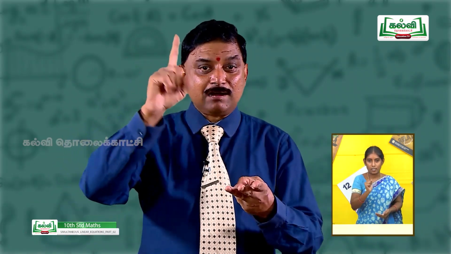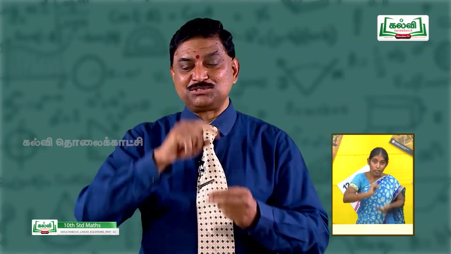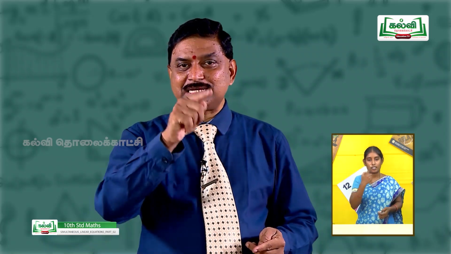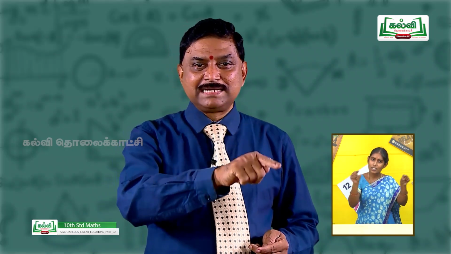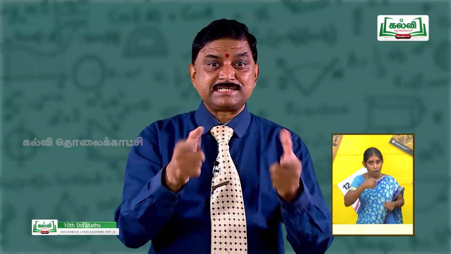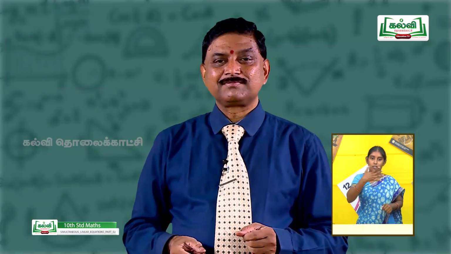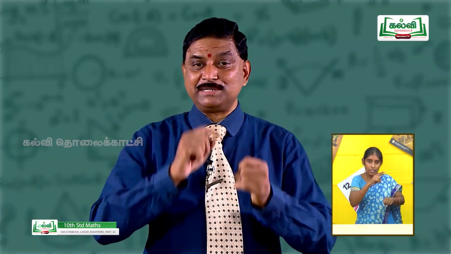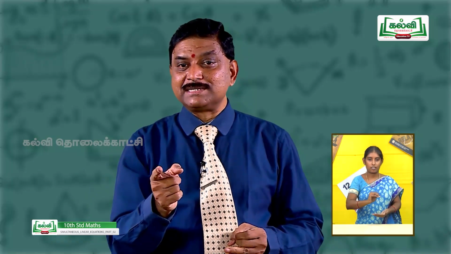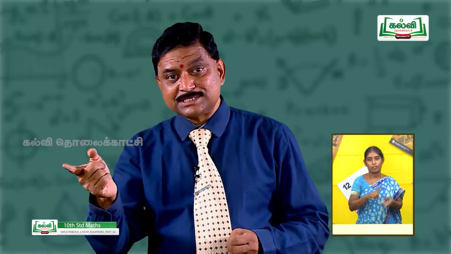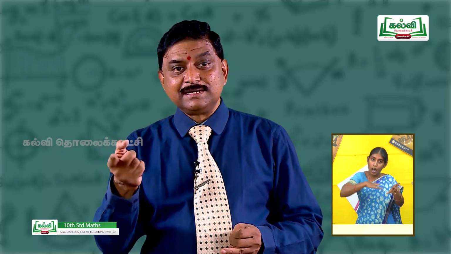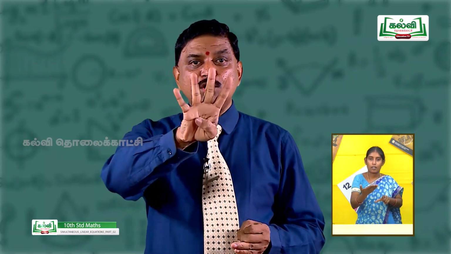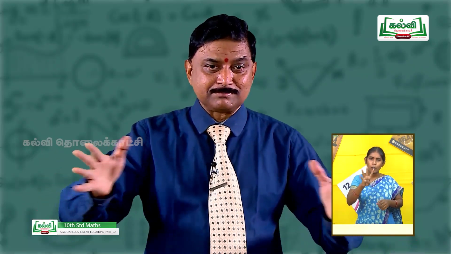For that, they have given two pieces of information to us. The first information is the father's age is 6 times his son's age. The second information, 6 years hence, after 6 years, the age of father will be 4 times his son's age.